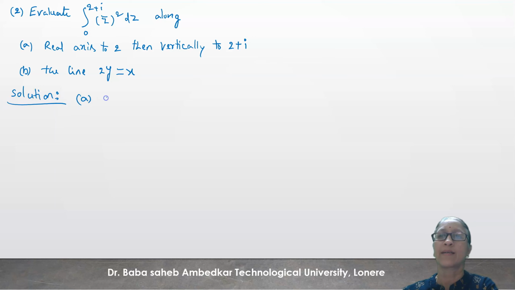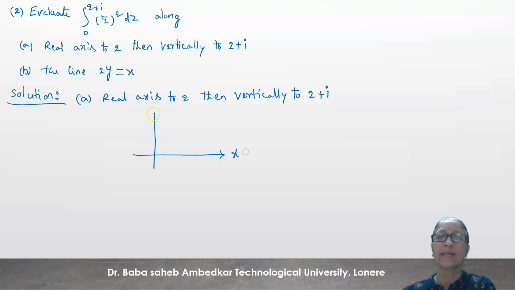First one is, given curve is the real axis to 2, then vertically to 2 plus i. What does it mean? If you draw the real axis x and imaginary axis y, then real axis to 2 means this point, then vertically to 2 plus i. Here 2 plus i is nothing but the ordered pair (2, 1).